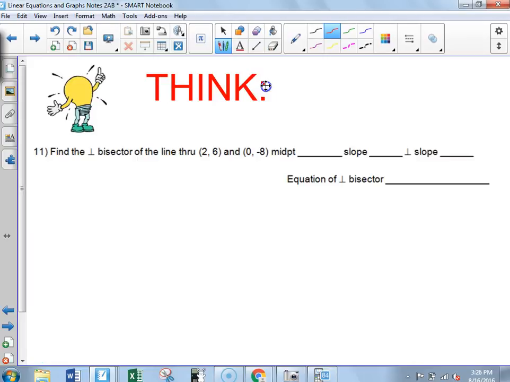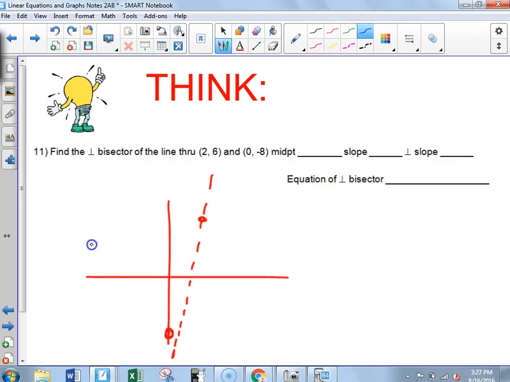All right, last question. Perpendicular bisector. Okay, I have a point over 2 up 6. That's somewhere in here. Over 0 down 8, somewhere in here. So this is the line we're talking about right now. But it didn't ask us to find that line. It asked us to find this line.